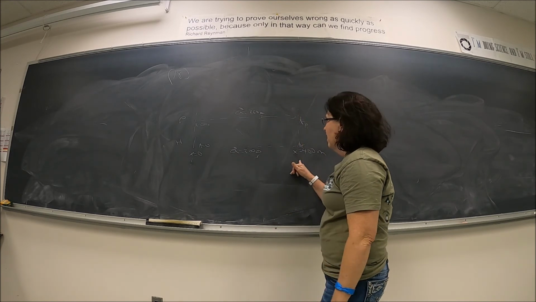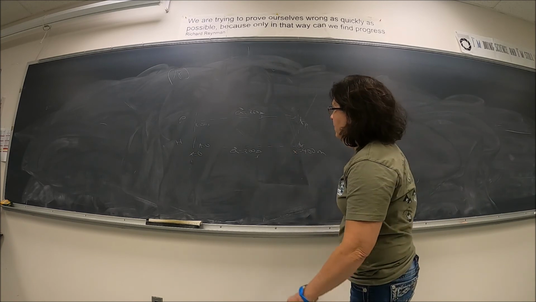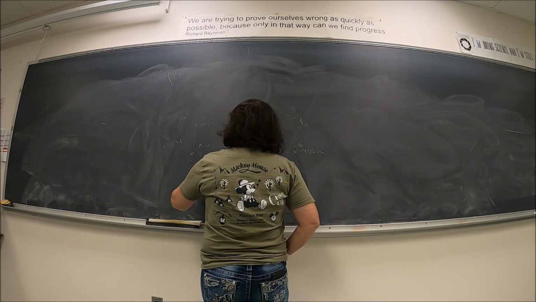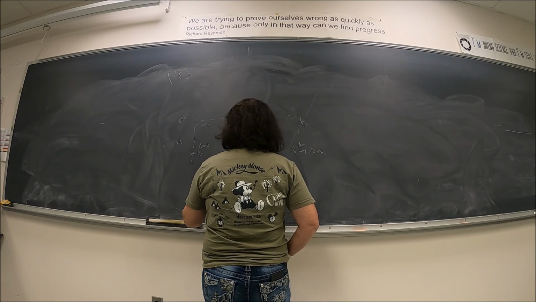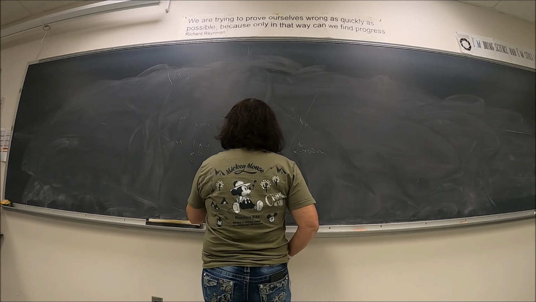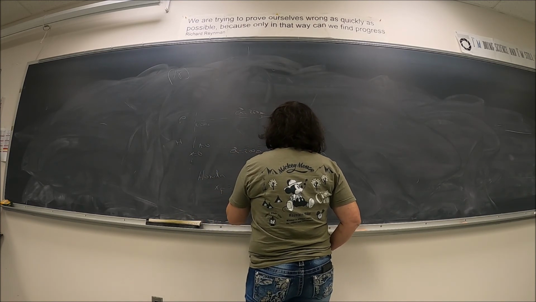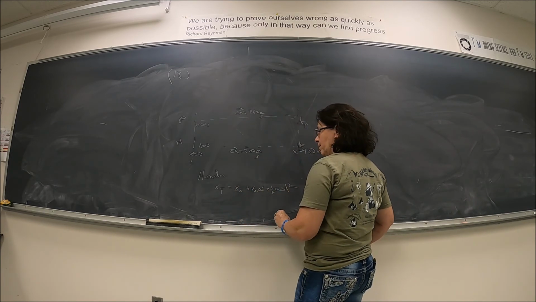So I want to calculate t final for the Honda and t final for the Porsche, okay? So I've got two calculations. For the Honda, let's see, x final equals x initial plus v initial delta t plus 1/2 a delta t squared.